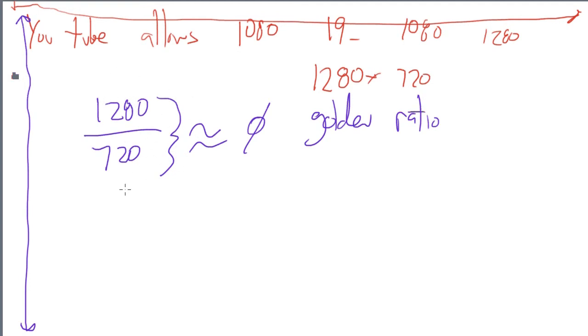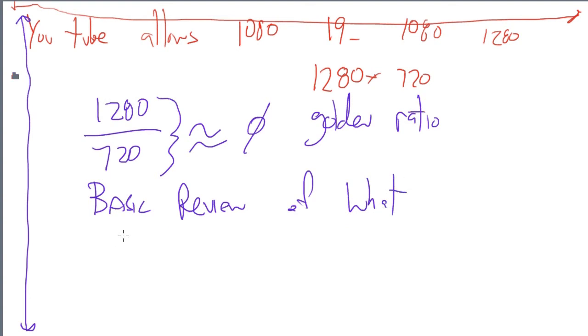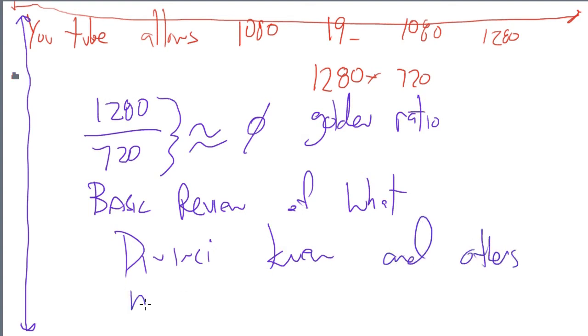So let's get to what I'm going to fill up the rest of this time on, and that is starting with some basic review of what I presume Da Vinci knew and nobody else did. Others might not have.